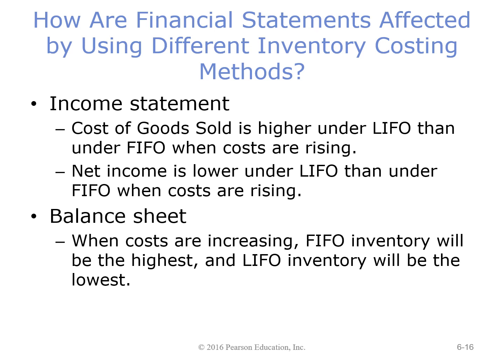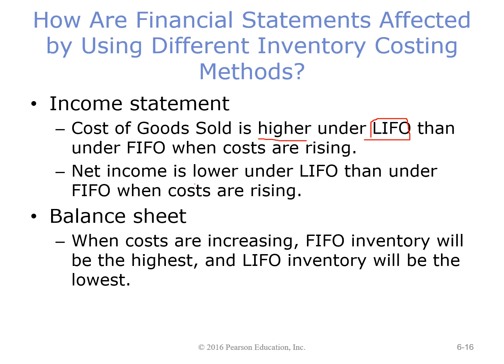This is why the income statement and the balance sheet will be affected. The income statement is affected through the cost of goods sold, because the higher the cost of goods sold, which results under LIFO, the less the profit will be.